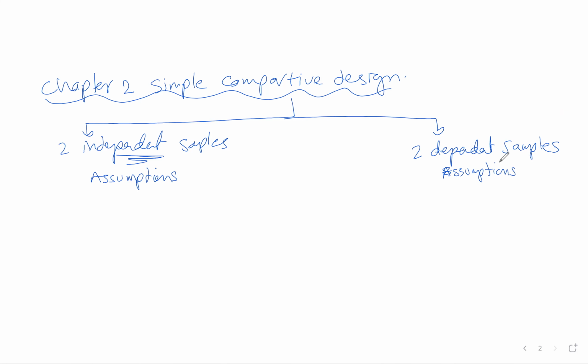The assumptions for the two independent samples are, first, the two samples are independent. Second, the two samples are randomly selected.